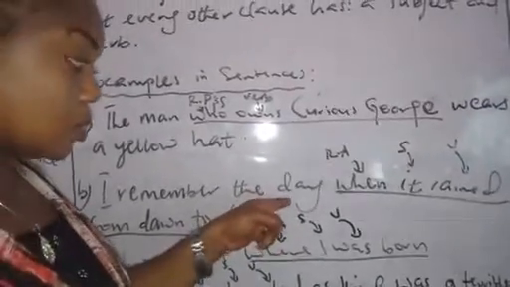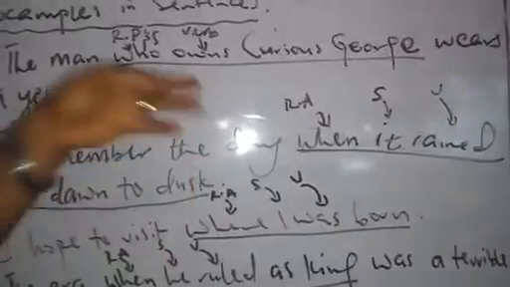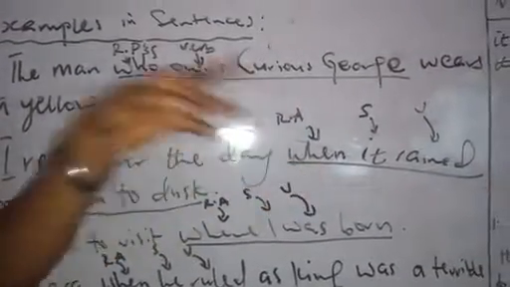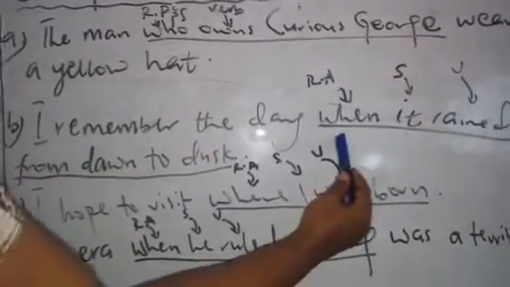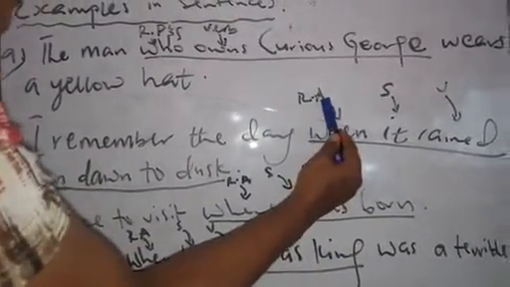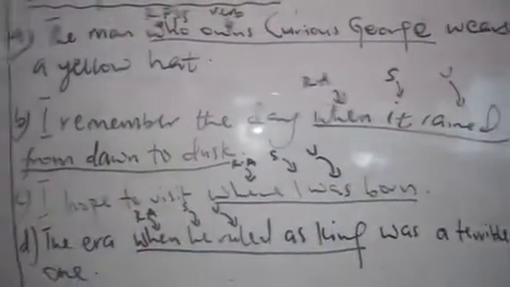Okay? Day, a noun. So that settles it. If it were a verb, then it wouldn't be a relative clause. It would be something else, an adverbial clause. So when is the relative adverb, it's the subject, and then rained is the verb.